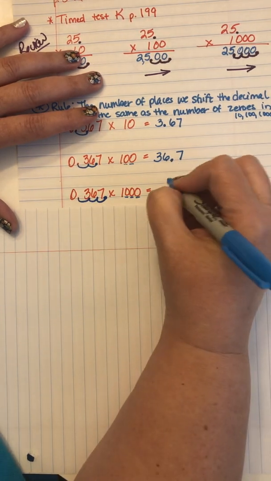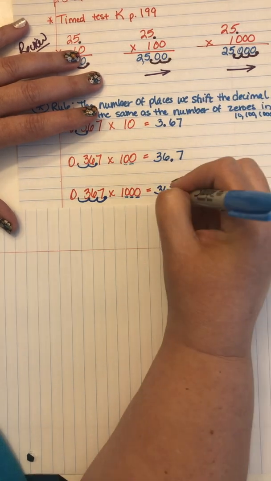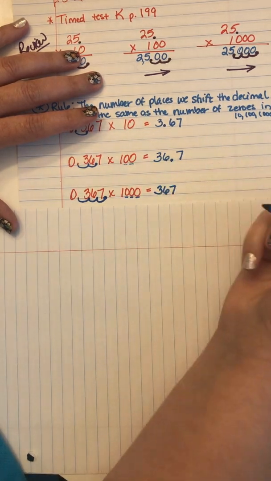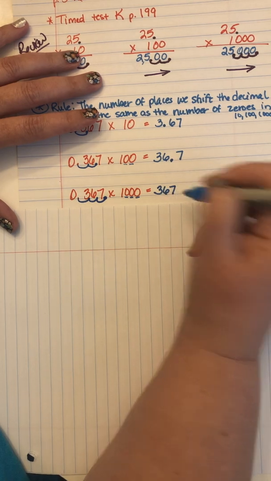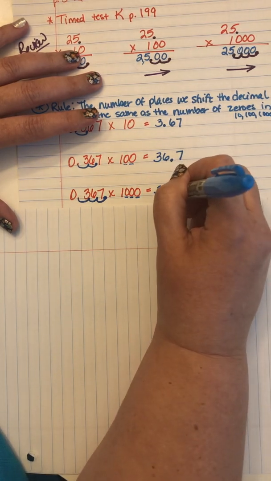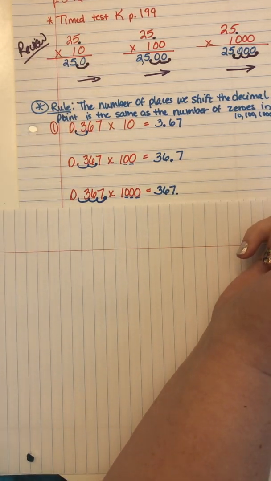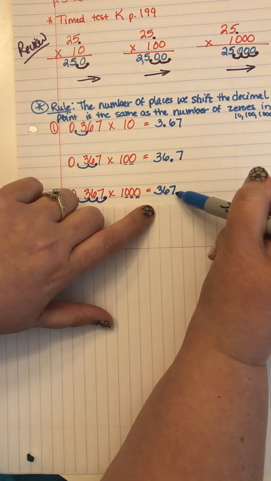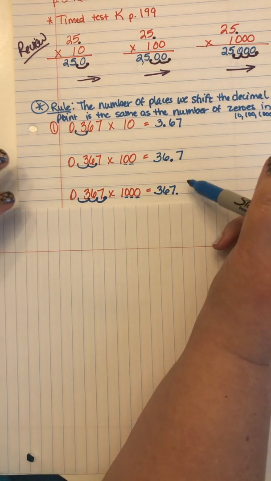That's the new home of my decimal place. So 367. Now I don't have to put my decimal there because now it's made it all the way to a whole number. So we don't have to put a decimal there, but if you did, it wouldn't be wrong, okay? It's just understood that when you write a number with no decimal at the end, that it's a whole number, so there's no decimal needed.